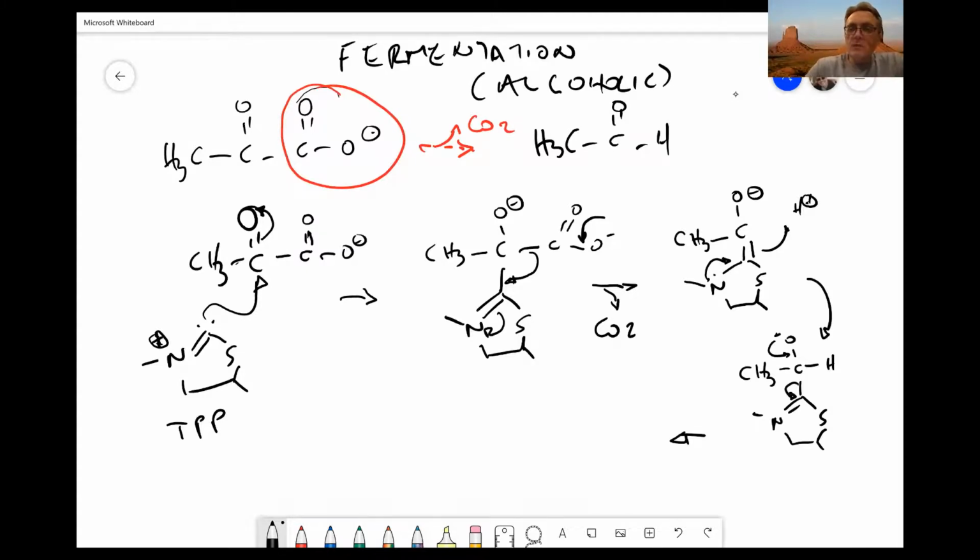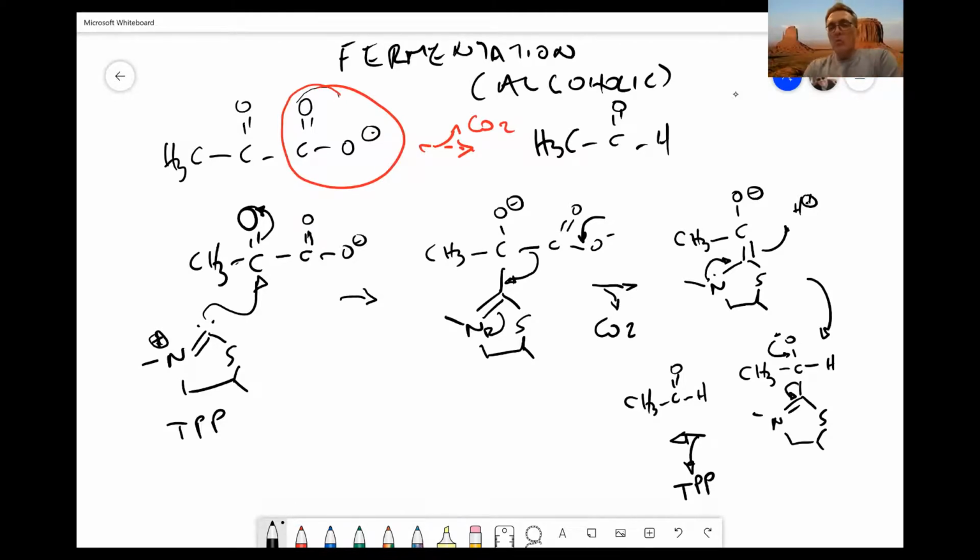This was our product here, plus regenerated TPP. So that's reaction one of alcoholic fermentation, where we really have decarboxylation of pyruvate to give rise to acetaldehyde.